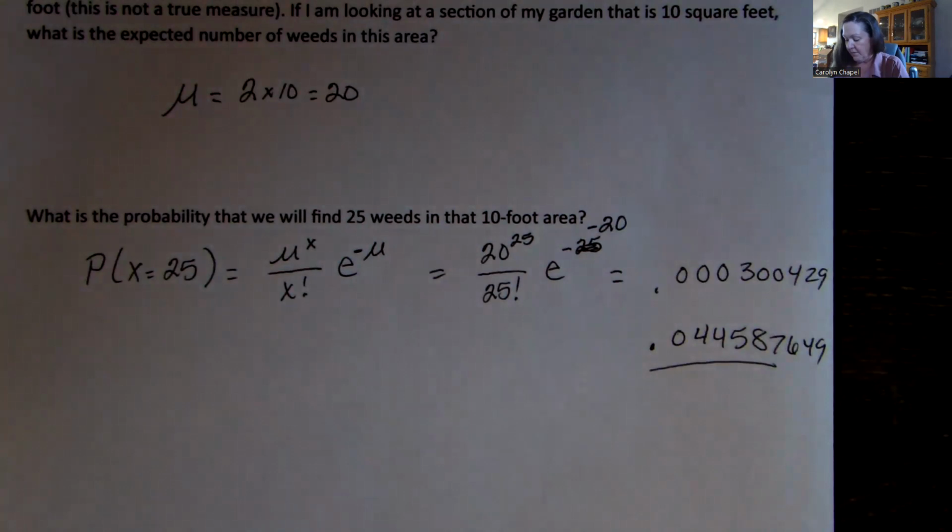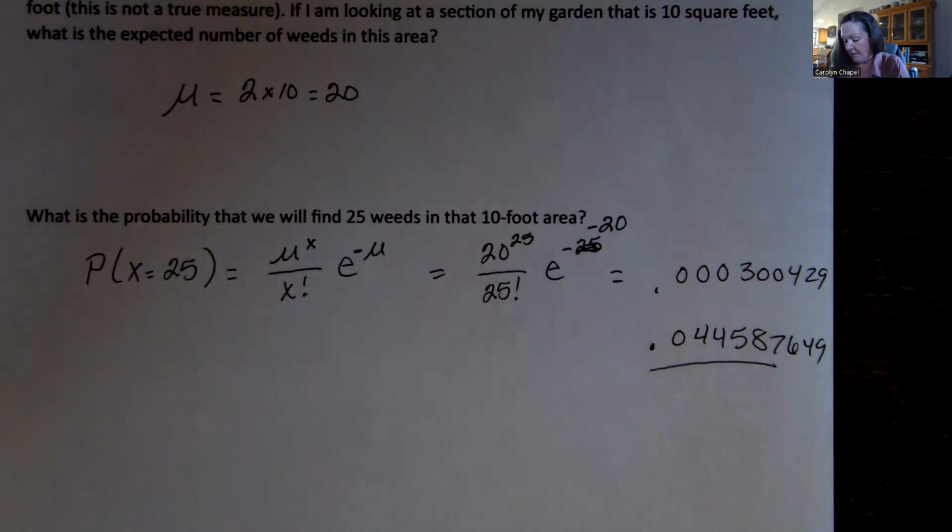20 to the 25th power. Divide that by 25 factorial. And now I'm making lots of mistakes. (20 factorial).